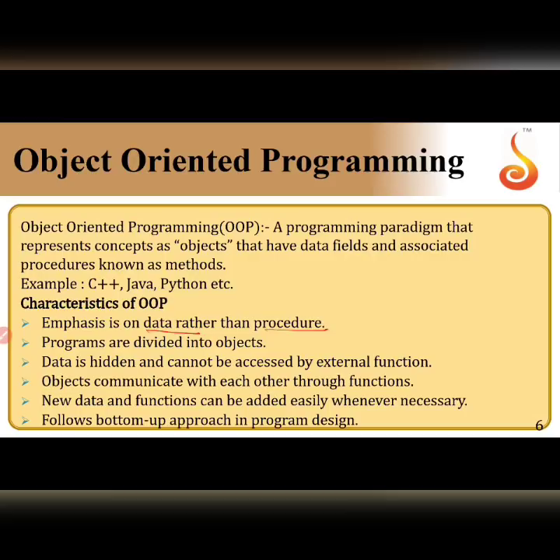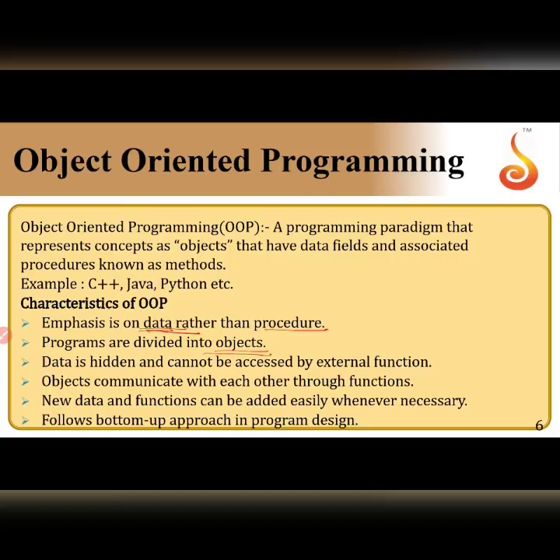So data is secure. It cannot move freely. You can restrict the movement of data from one function to another. You can give access rights basically. So data is more secure here in object-oriented programming. Then the program is divided into a number of objects.